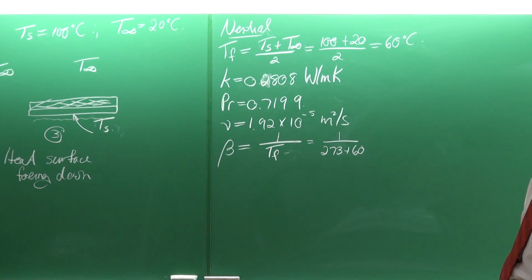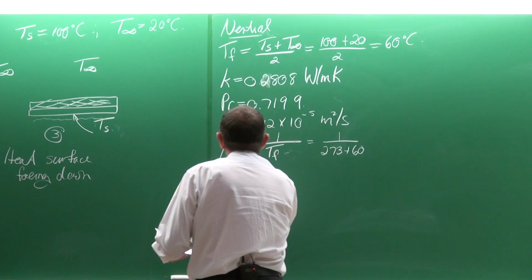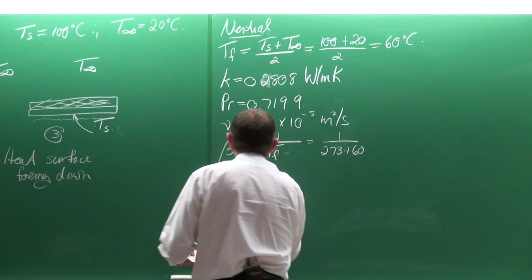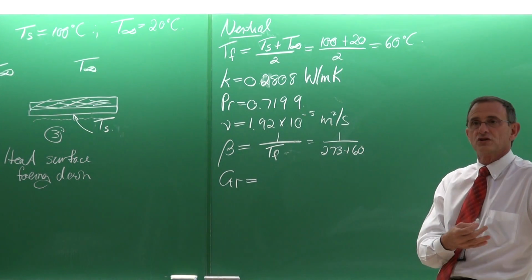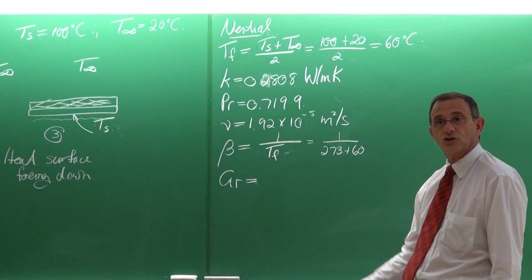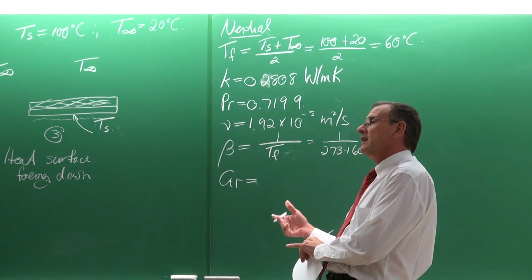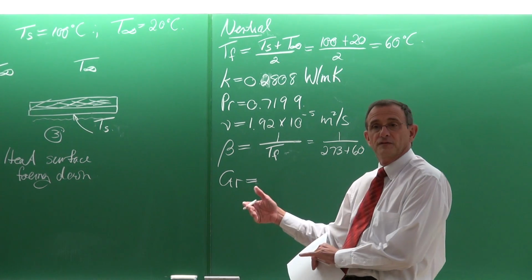Right, so here are the properties, and if you look at the equation, you will see you need the Rayleigh number, and you can calculate the Rayleigh number directly. I personally always prefer to first calculate the Grashof number, just because it gives you one less term to calculate.